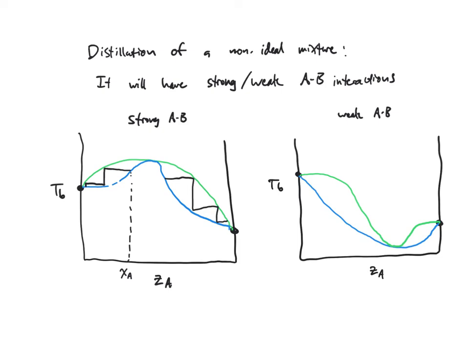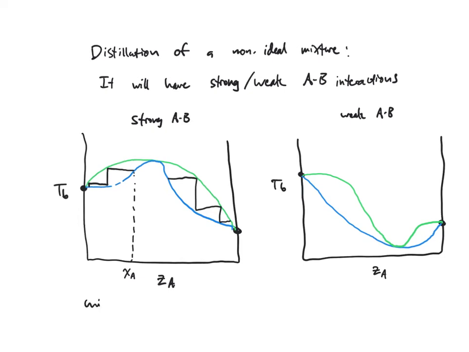So you will get to these pure endpoints. And this is called a maximum boiling azeotrope, because its boiling point has a maximum right up here like this. And in contrast, this one is called a minimum boiling azeotrope.